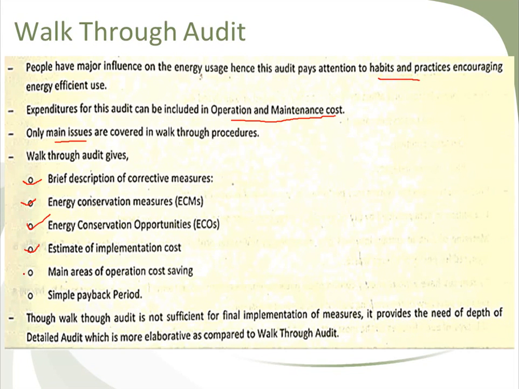Then main areas of operation cost saving, in what main areas how much operating cost can be saved, and simple payback period. What payback period is we will discuss after discussing the top point of detail audit. Just keep in mind that walkthrough audit gives us these 6 points.